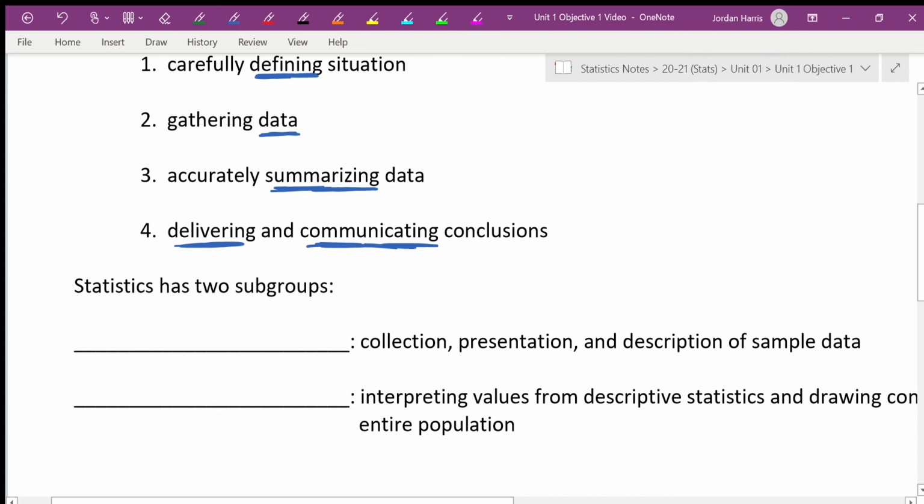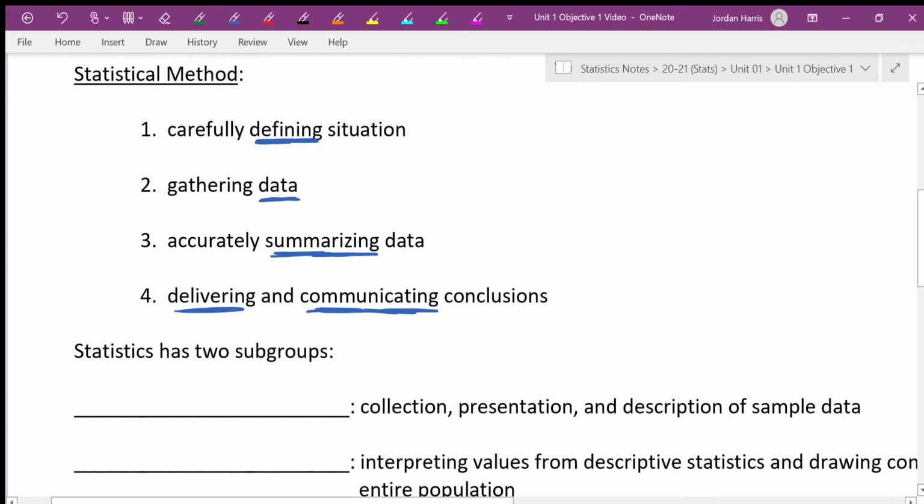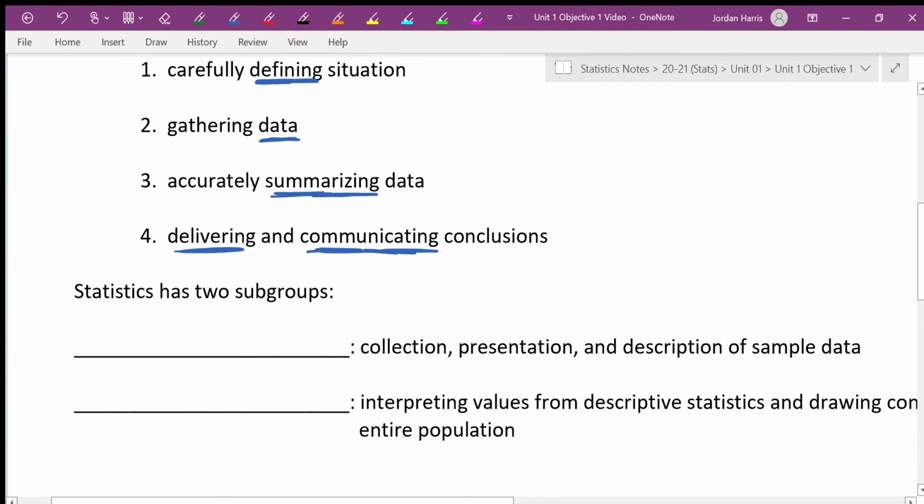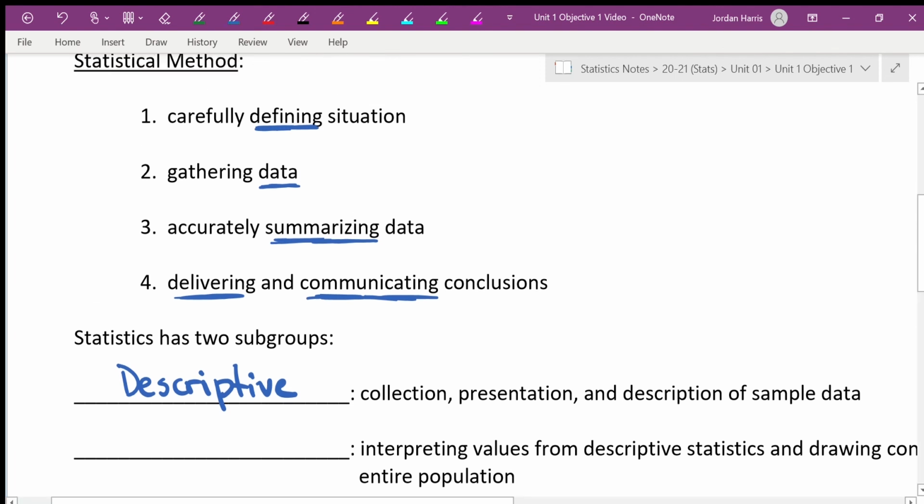Statistics can be broken down, so you can kind of see the statistical method, that we can break down into two subgroups. We have descriptive statistics: collection, presentation, and description of sample data. So this is basically the first three things on our statistical method.